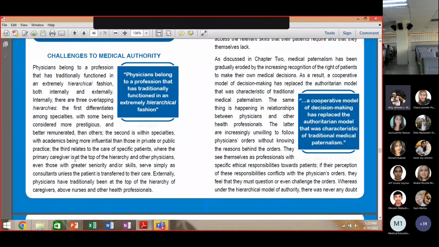So what are the challenges to medical authority? Physicians belong to a profession that has traditionally functioned in an extremely hierarchical fashion. When you say hierarchical, it means there is a hierarchy, like seniority.